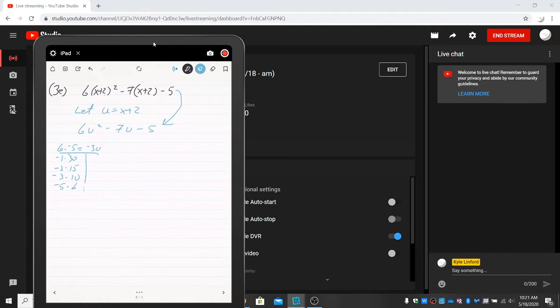And of course, you could also have 1 and negative 30, 2 and negative 15, 3 and negative 10, 5 and negative 6. All right, which of these adds to negative 7? Which of these adds to that middle term? Well, that should be 3 and negative 10. Those will give us a negative 7.